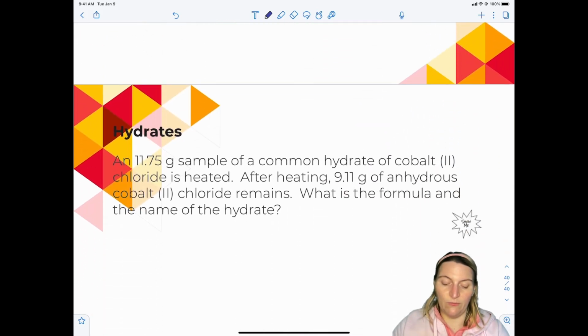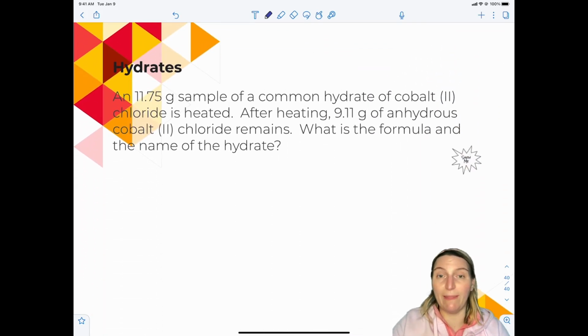And so what we will do in the lab and what we're going to do here in the practice problem is figure out whether it is a monohydrate, a dihydrate, a trihydrate. Figure out how many, the wording that we use is waters of hydration, there are per formula unit of the ionic compound. So what's really important when doing these problems is labeling or understanding what each of these numbers is representing.